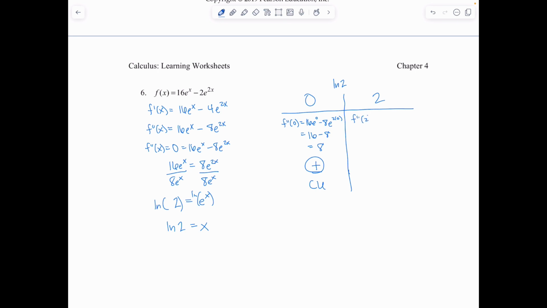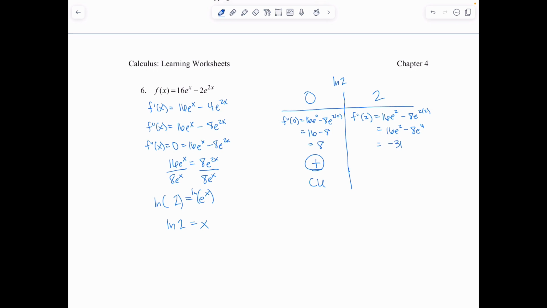Our second derivative at 2 is going to be 16e squared minus 8e to the 2 times 2, 16e squared minus 8e to the 4th. In our calculator, this will give us about negative 318.56. So this is a negative number, so we have concave down. So it is an inflection point.